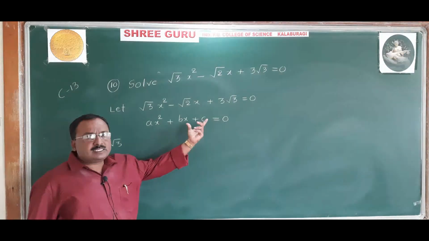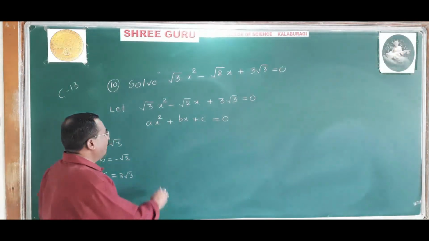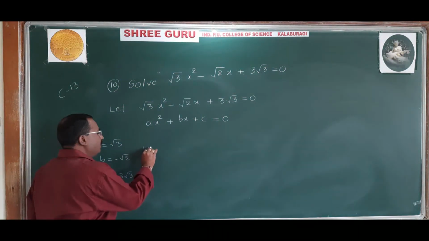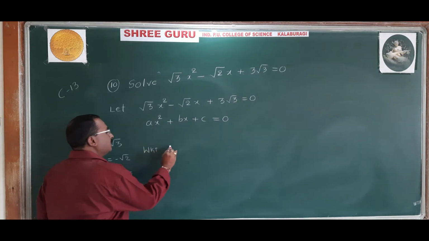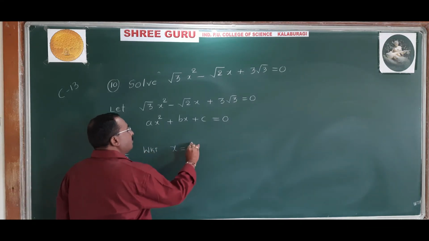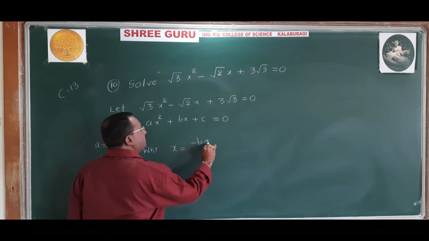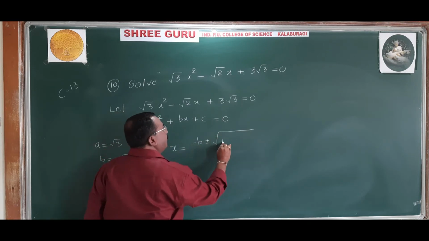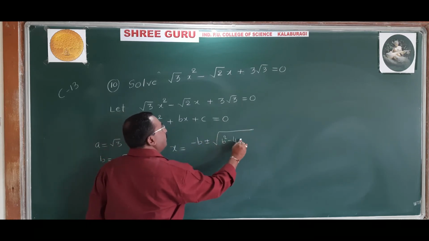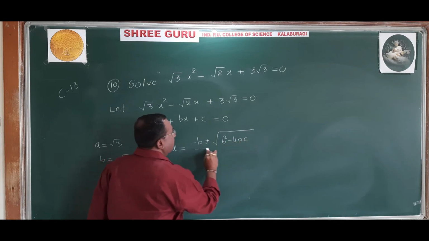That is non-factorizable form. By using the formula, we know that x is equal to minus b plus or minus square root of b square minus 4ac divided by 2a.